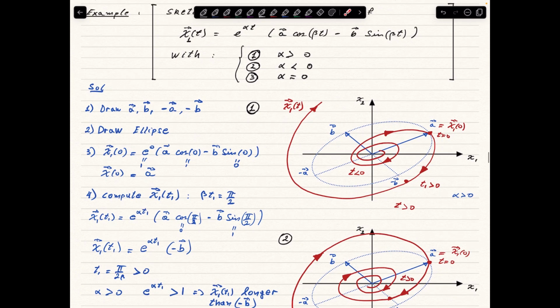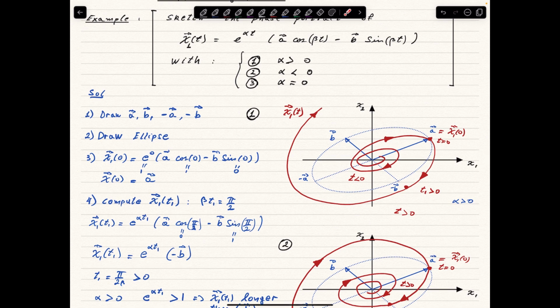We studied first the case alpha positive, and we found that the solution is actually a spiral that is spiraling from the origin outside to infinity, as this arrow is the direction as time grows. We are moving from the center to outside.